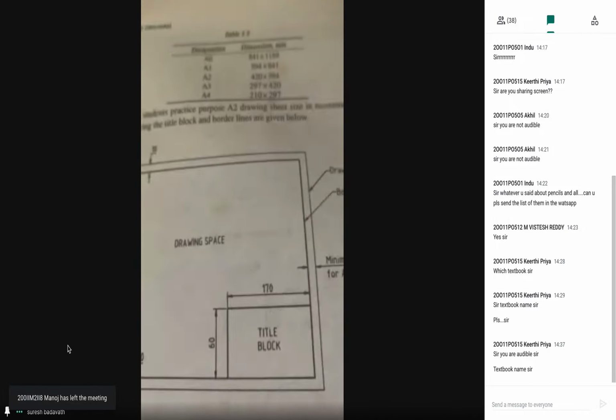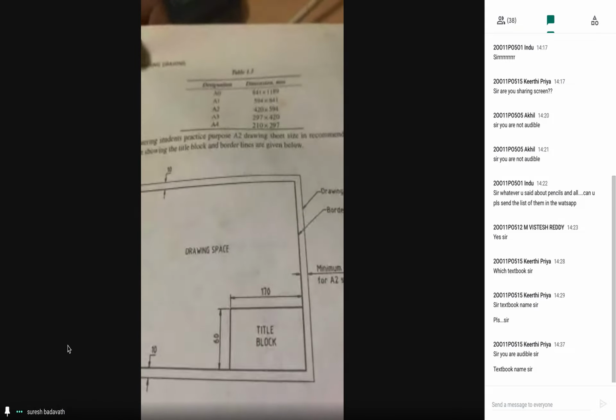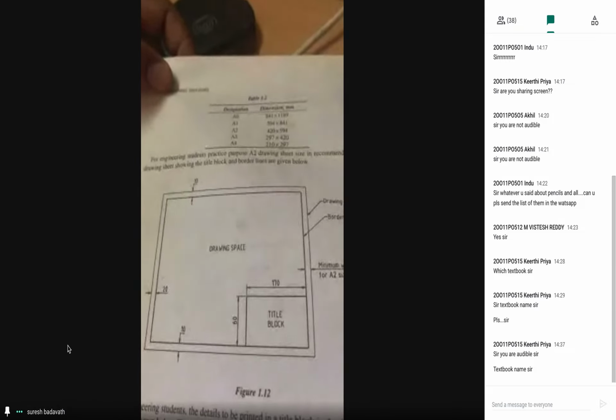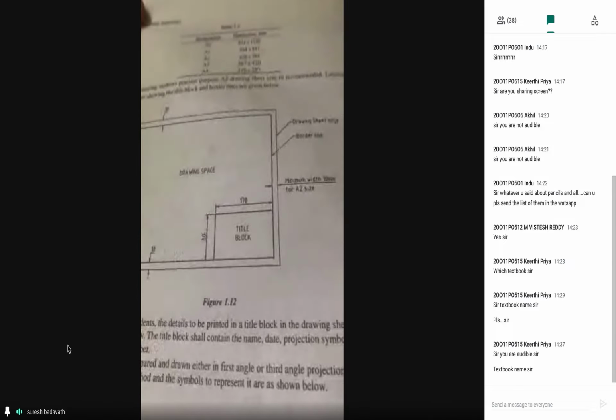This is a drawing sheet. The drawing sheets are A0, A1, A2, A3, A4. This is a title box.